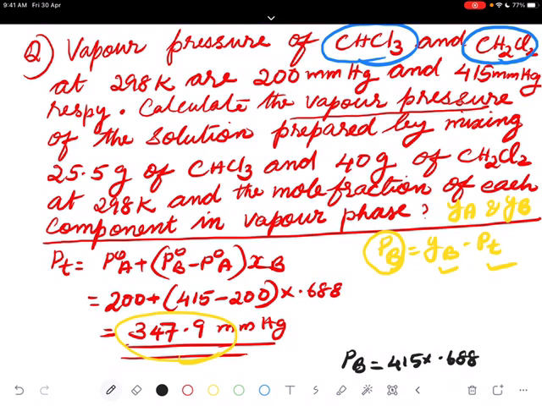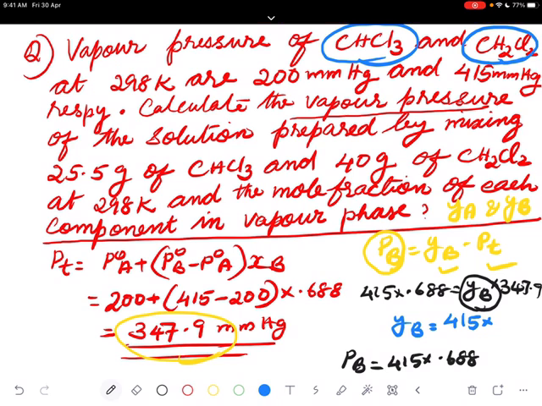Right? So here 415 into 0.688 is equal to Yb into P total, that is 347.9. So you can calculate Yb is equal to 415 into 0.688 divided by 347.9.